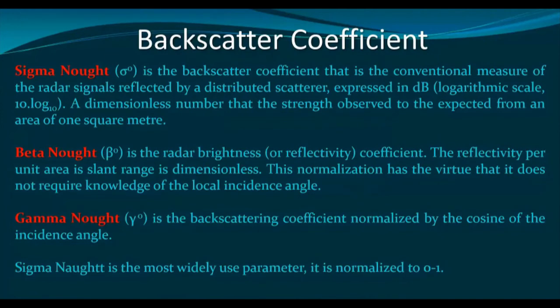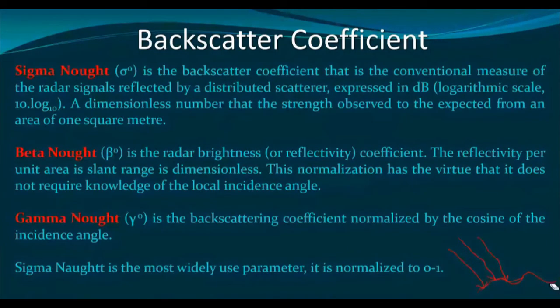Local incidence angle means, for example, we have terrain like this. That means when the energy is coming, it is hitting the target at different angles. These are the local angles.